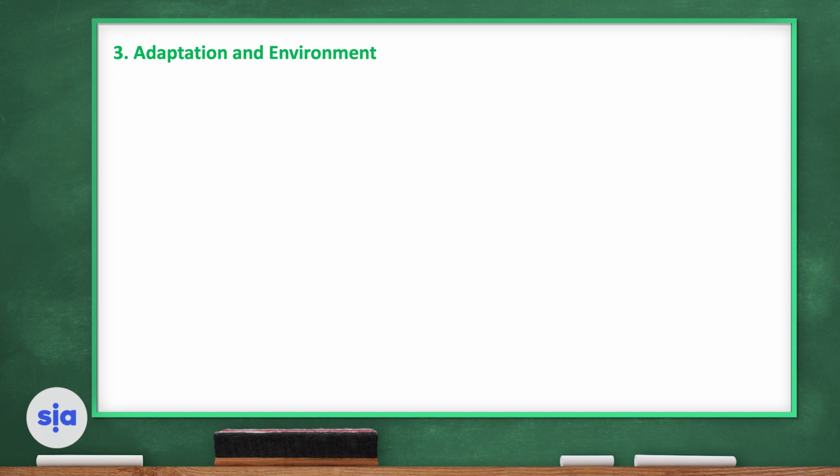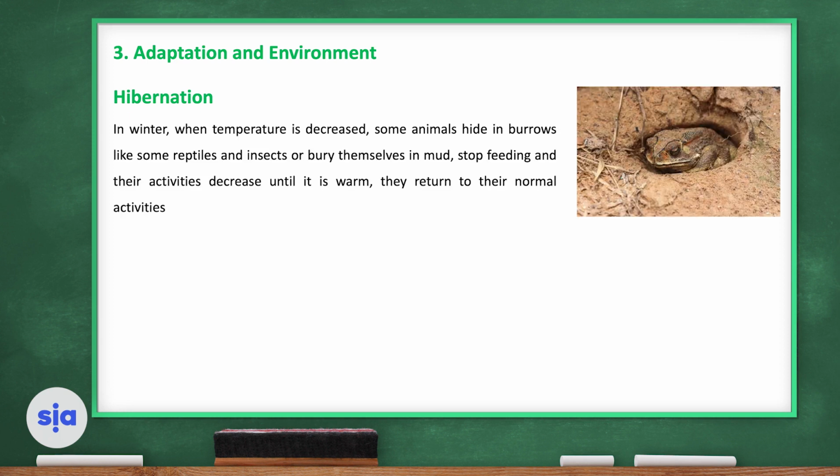Adaptation and environment. What do you know about hibernation? It's a state of inactivity when some animals hide in burrows, like some reptiles and insects. They bury themselves, stop feeding, and their activities decrease until it is warm again.